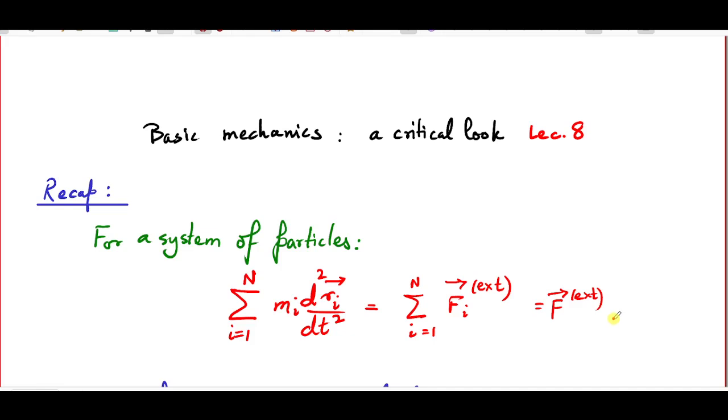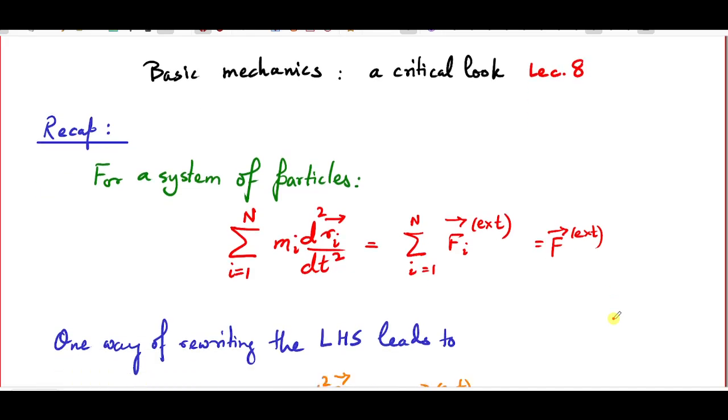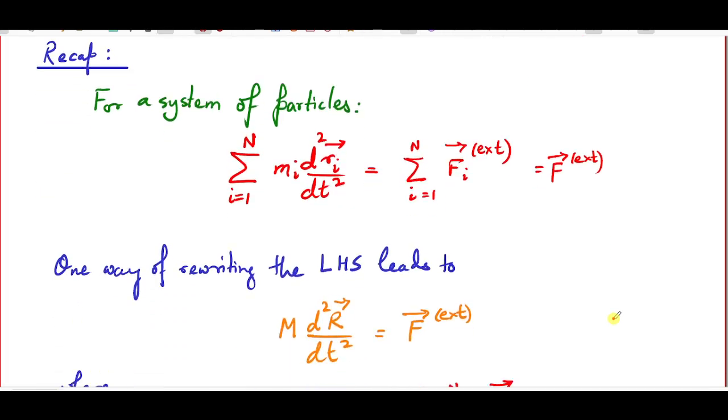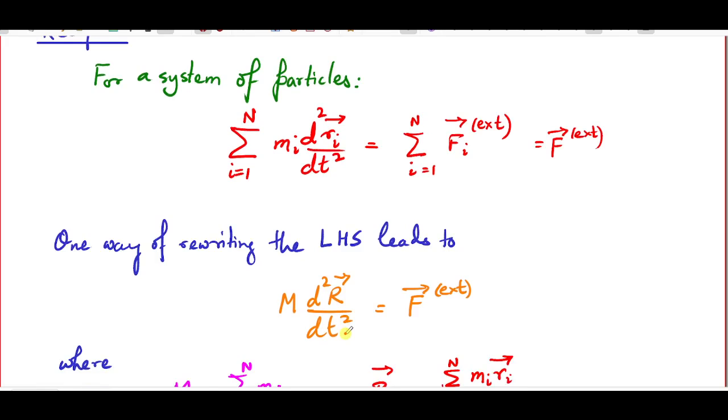Now, over the last couple of lectures, we have talked about the concept of the center of mass, which follows from this. This actually follows by rewriting the left-hand side here as capital M, the total mass of the system, into d2R/dt2, the acceleration of a specific point whose position vector is given by capital R, and that is equal, this mass times acceleration is equal to the net external force.